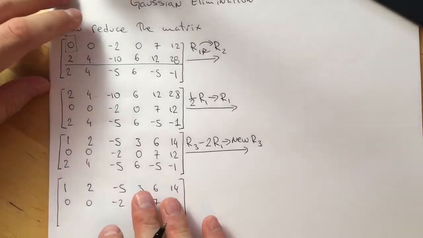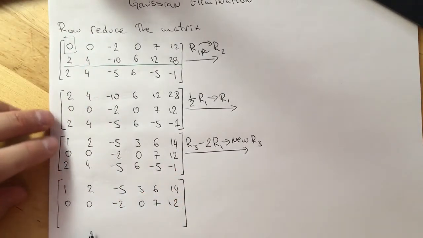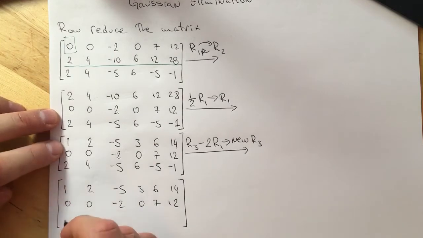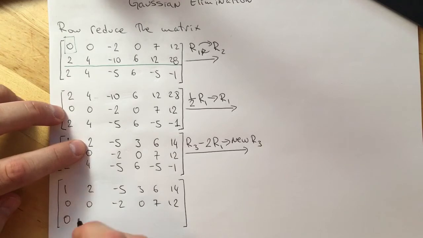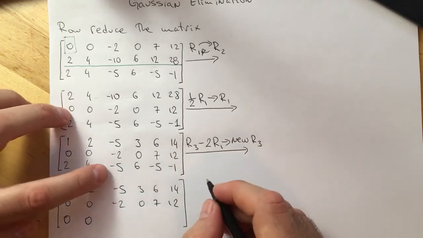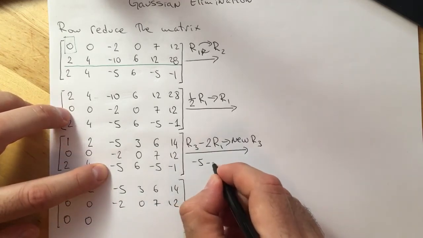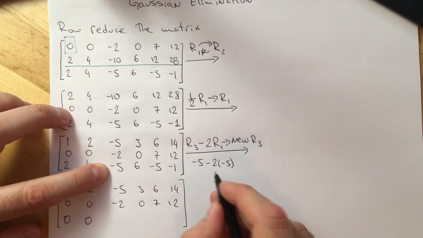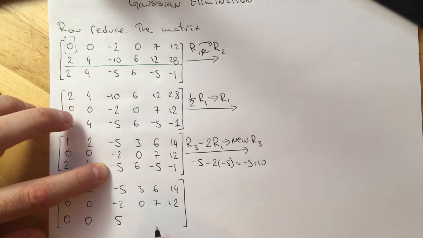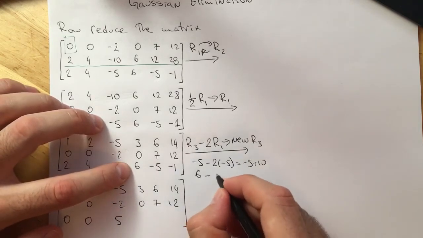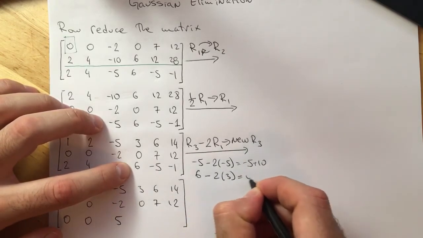Now 2 minus 2 times 1 is 2 minus 2, 0. 4 minus 2 times 2, that's 4 minus 4, 0. Negative 5 minus 2 times negative 5 is negative 5 plus 10, which gives me 5. 6 minus 2 times 3 is 0.